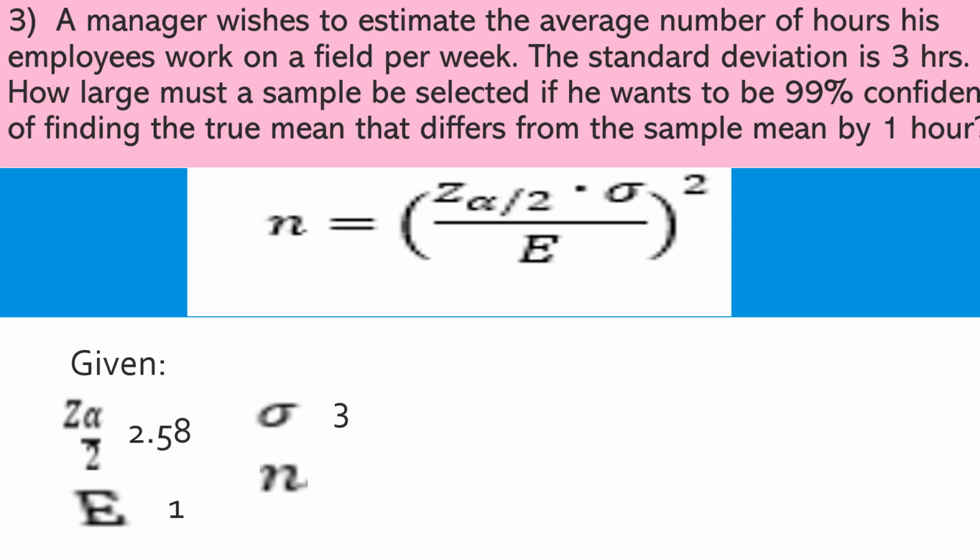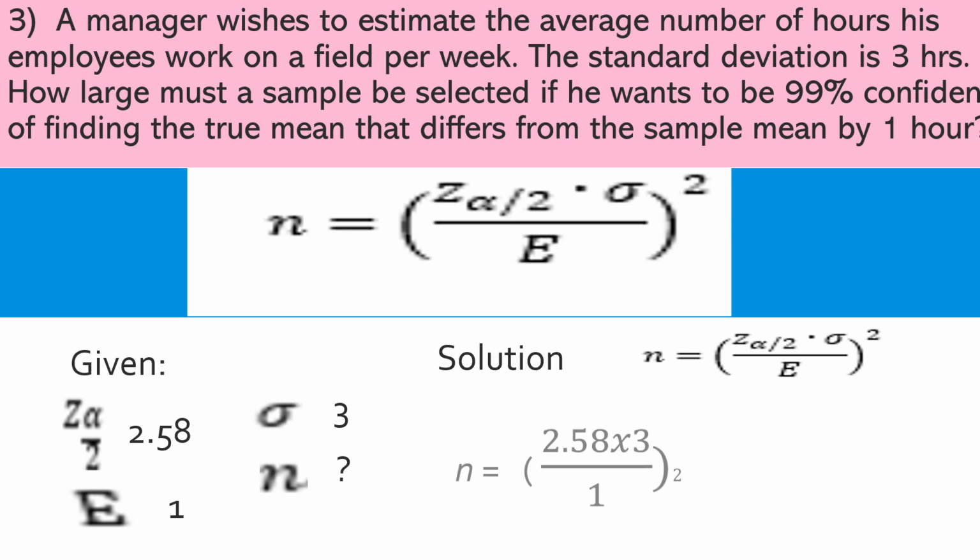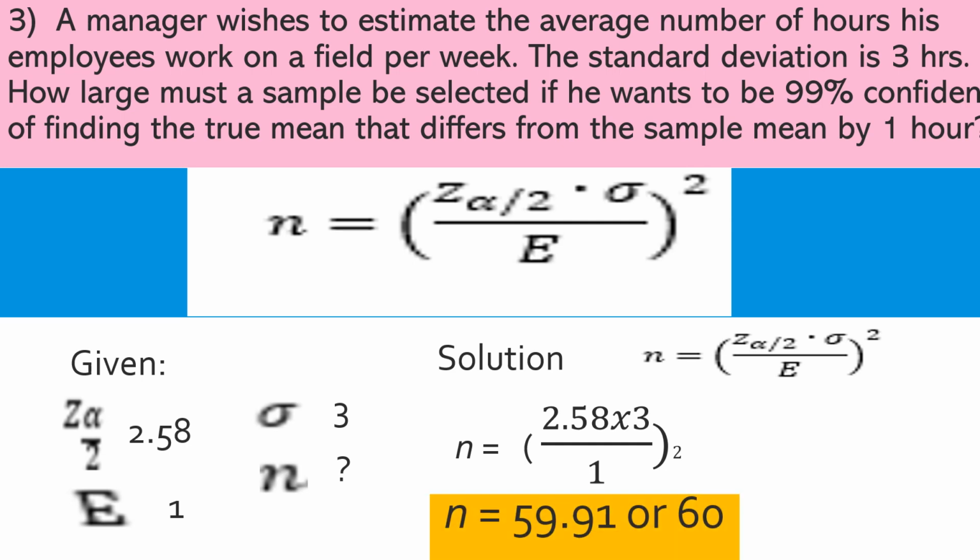Okay, kapag meron ka ng confidence coefficient, meron ka ng margin of error, and the standard deviation, then you can look for the sample size. So replacing the value in the formula, we have the confidence coefficient, which is equal to 2.58 multiplied by 3, then divided by 1.